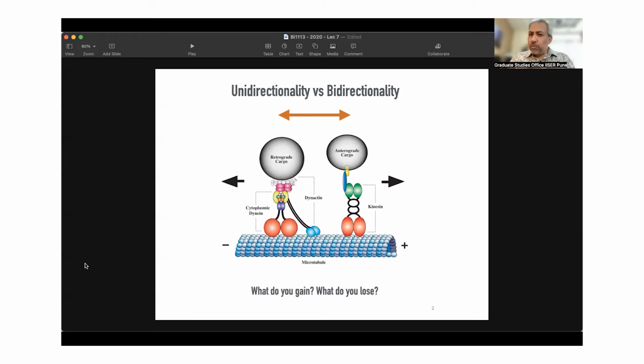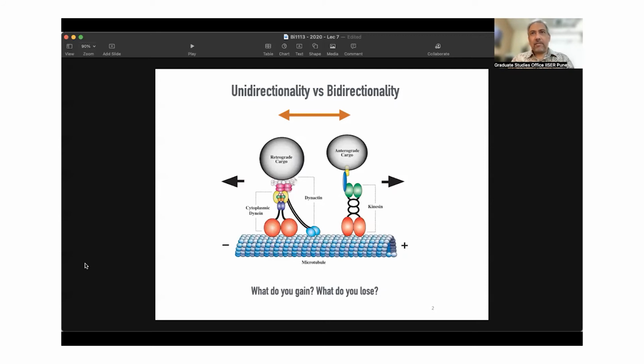And the room for error, if we want to call it that, might be significantly less with events and processes that motor proteins may control. And unidirectionality, even though it comes at a cost, right, might allow for that kind of specificity, that kind of time-bound delivery with a minimal number of errors, more effectively for cells.